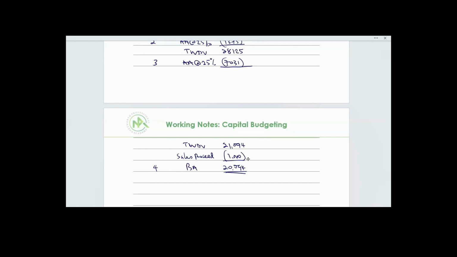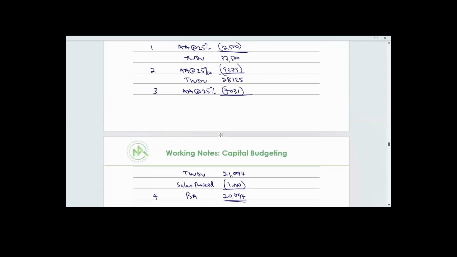When the tax written down value from the preceding year is greater than the sales proceeds, it is called a balancing allowance. But if the tax written down value from the preceding year is lower than the sales proceeds, it is called a balancing charge. If it is a balancing charge, it's a bracket. If it's a balancing allowance, it's a plus. Balancing allowance is a tax profit, while balancing charge is a tax loss.